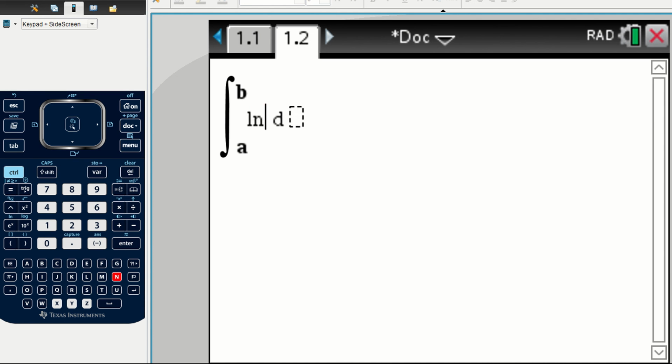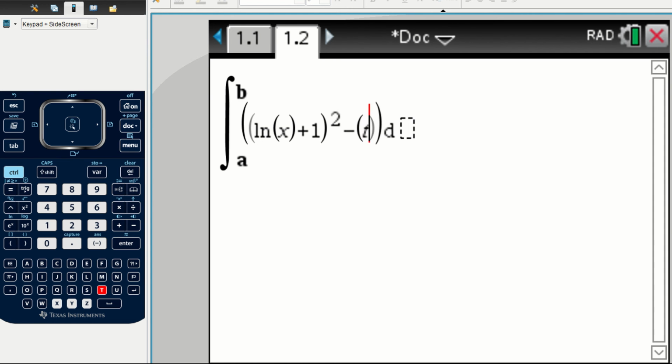So ln of x plus 1, yes, and then squared minus tan x divided by 2. This whole thing squared. Okay, and then I feel like I'm missing something. Okay, I put in my parentheses over here now. Should be good with respect to x.